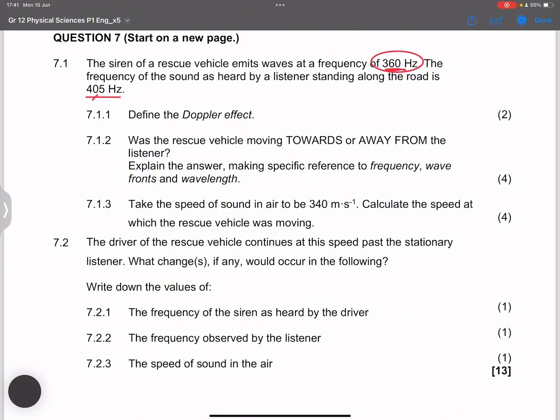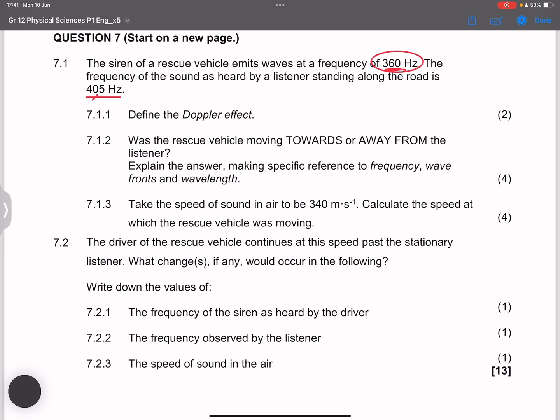Now they say to us, define the Doppler effect in words. So we remember that it is the apparent change in the frequency, the detected frequency, due to the relative motion between the source and the listener.